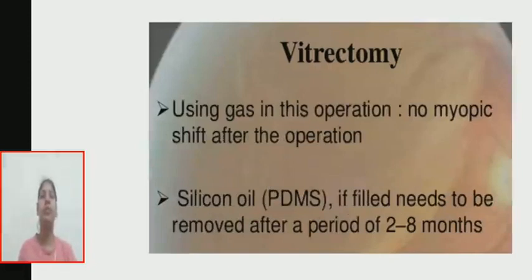Using gas in this operation, there is no myopic shift after the operation. Silicone oil, PDMS, is polydimethylsiloxane. If filled, it needs to be removed after a period of 2 to 8 months.